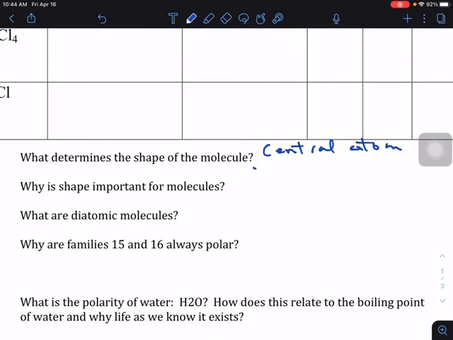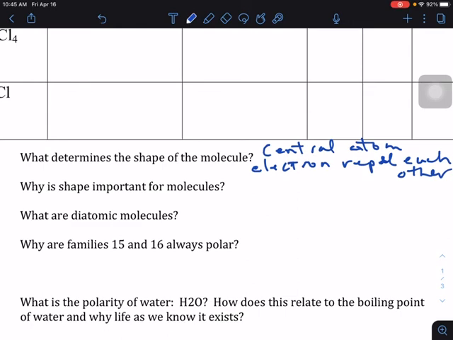Remember that electrons repel each other. Okay, electrons repel each other as much as possible. They get as far apart as they possibly can. Electrons repel each other.